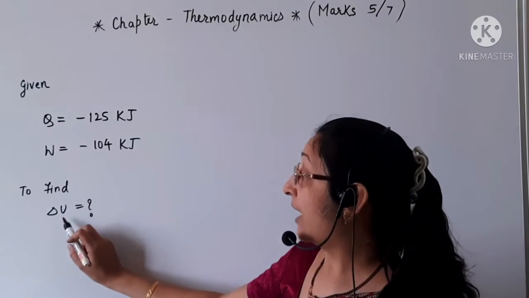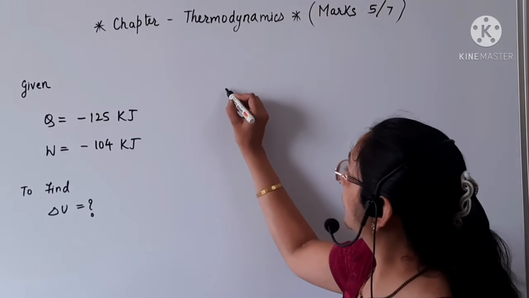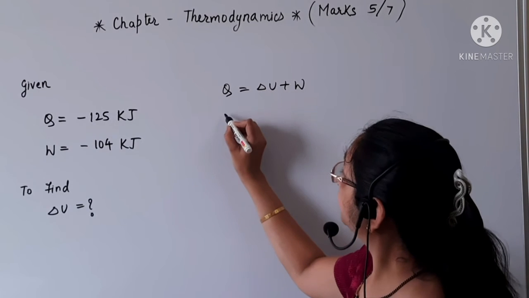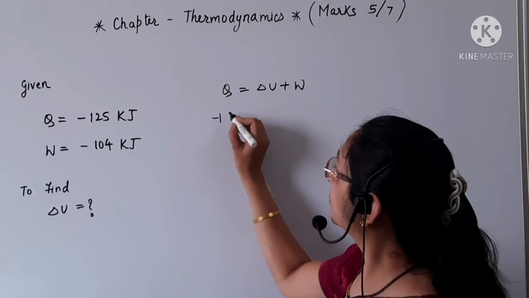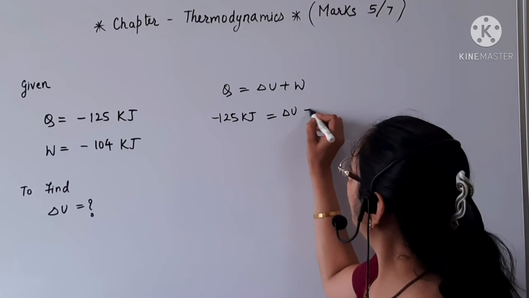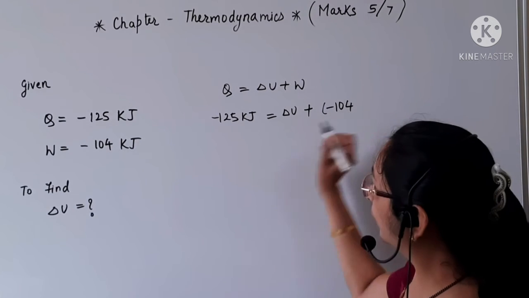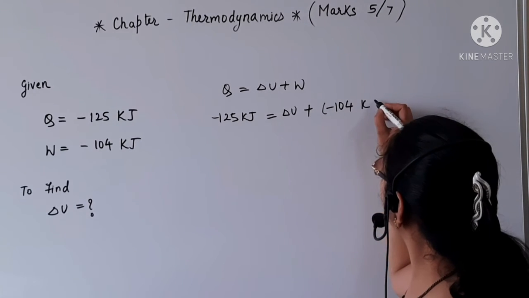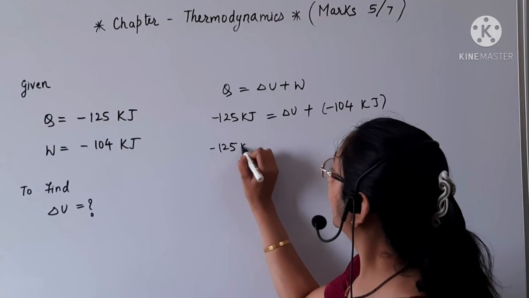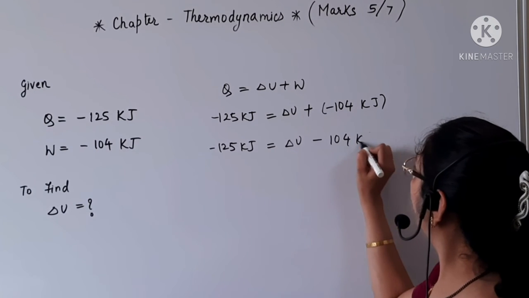Now, they have asked us to find the change in the internal energy. According to the first law of thermodynamics, Q is equal to delta U plus W. Now Q is minus 125 kilojoule, that is equal to delta U plus of minus 104 kilojoule. So minus 125 kilojoule is equal to delta U minus 104 kilojoule.